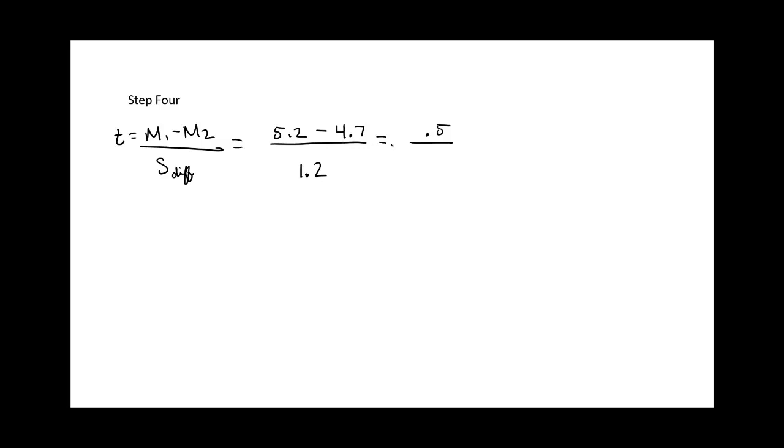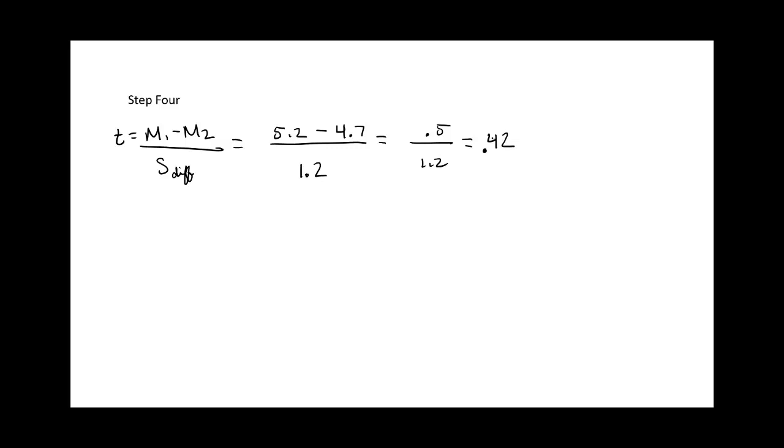So there was an increase in group number 1. Divided by 1.2 is equal to approximately 0.42. It's 0.4166 repeating.